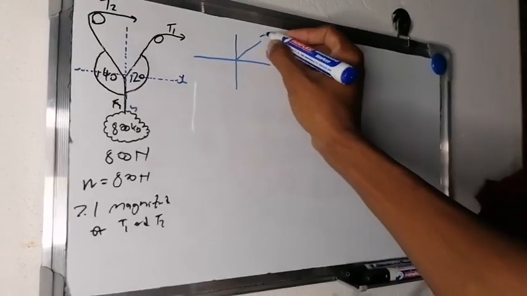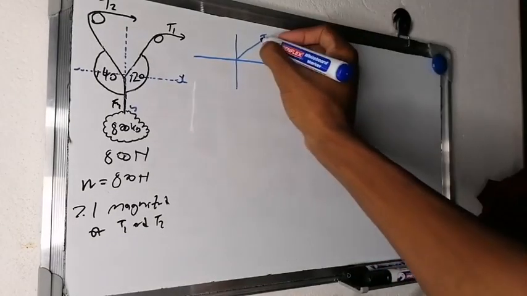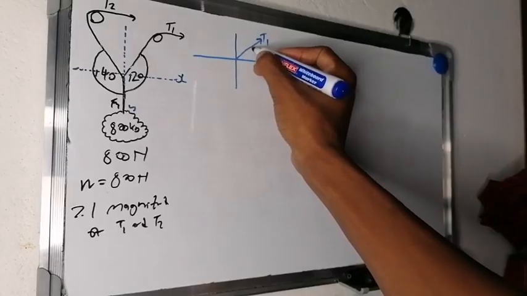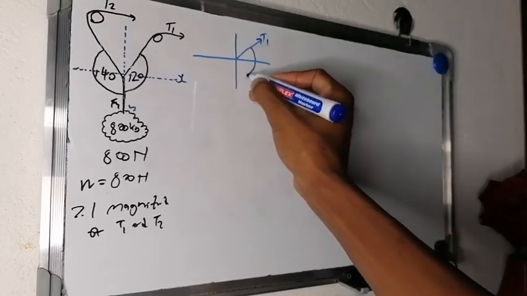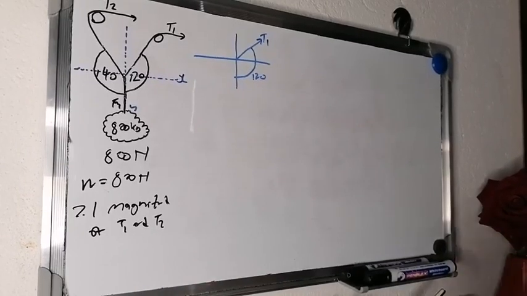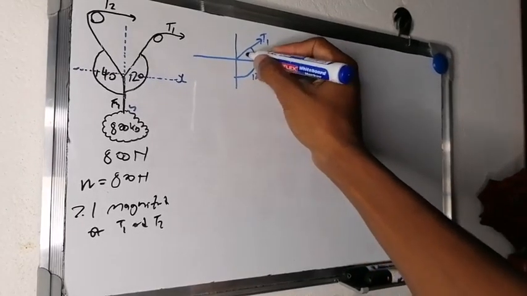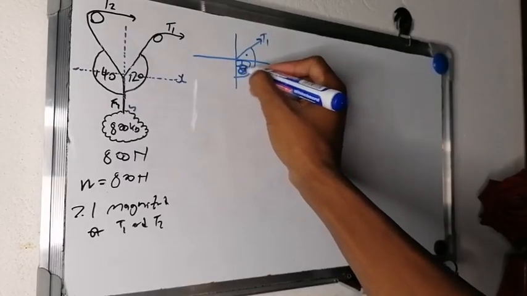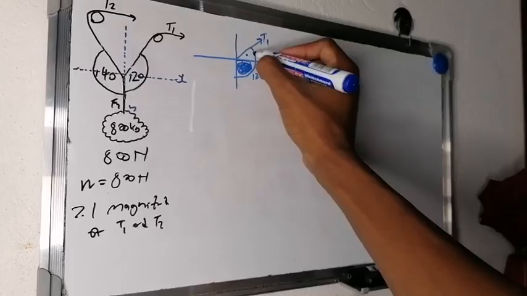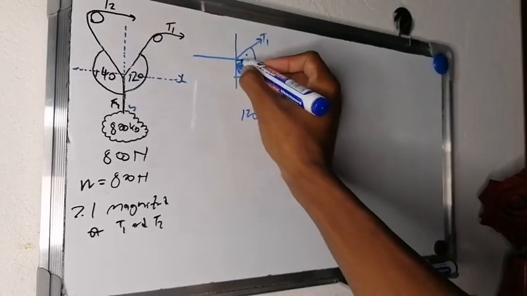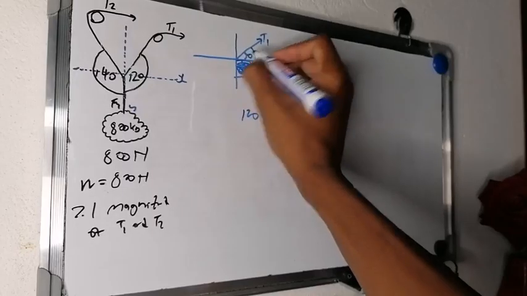You have tension 1 going in that direction, and this angle is 120. You want to know this angle. Now this is 90, remember, so you take 120 minus 90, and you'll get 30 degrees.